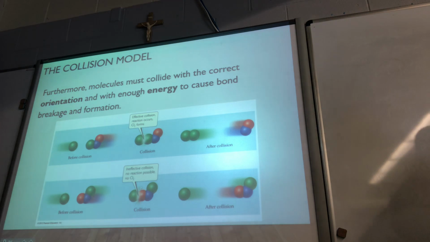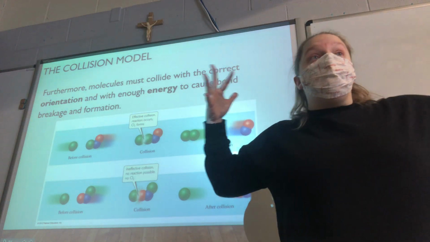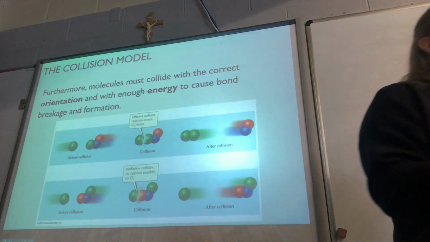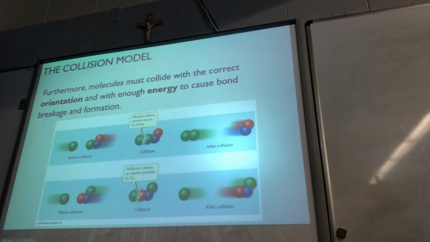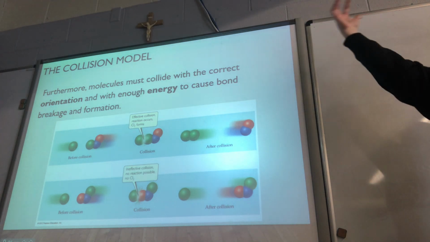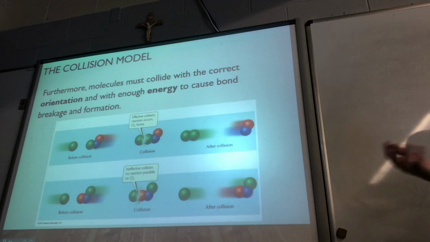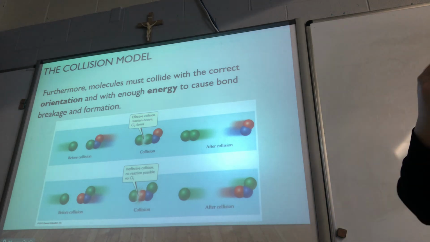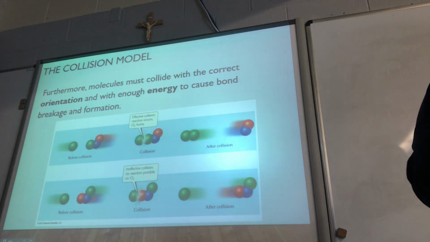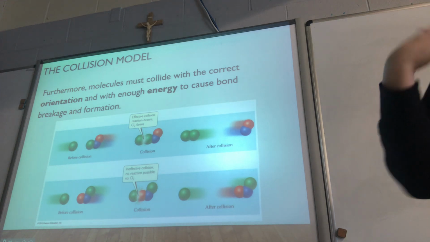So think about the likelihood that bigger and bigger molecules will collide the exact correct way. It becomes less and less likely to happen the larger you get. Smaller molecules tend not to have as much problem, but that's why we use mostly smaller molecules when we talk about chemistry.